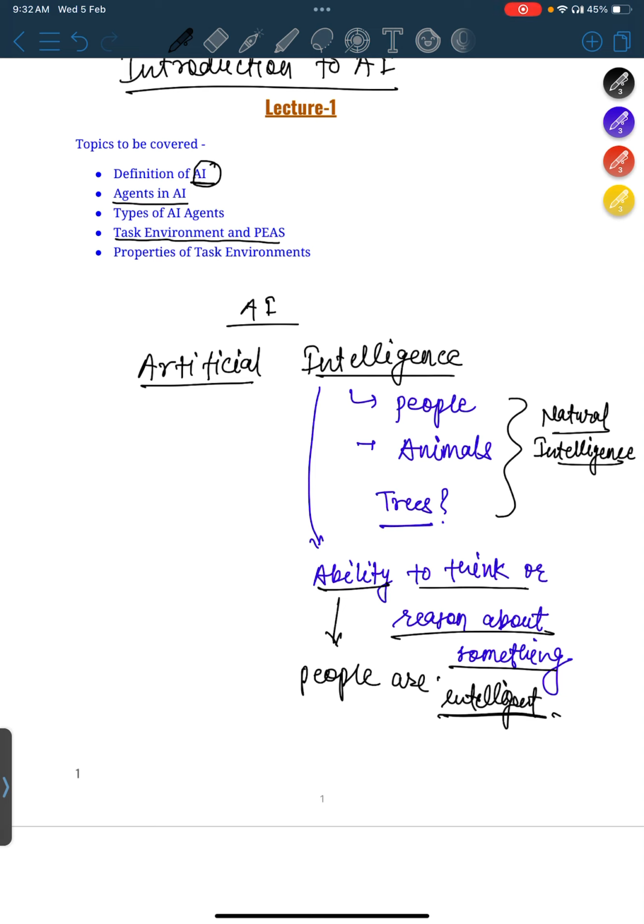You can think of these as intelligent decisions taken by the tree. So trees do take some intelligent decisions.